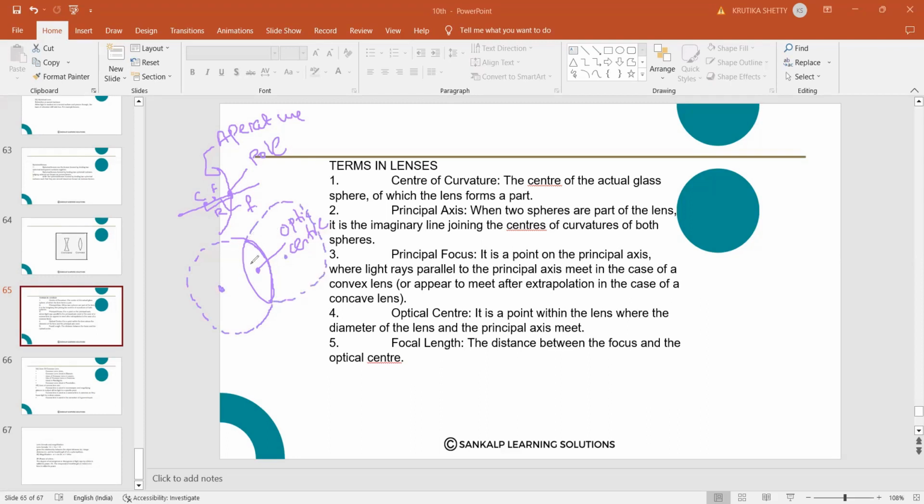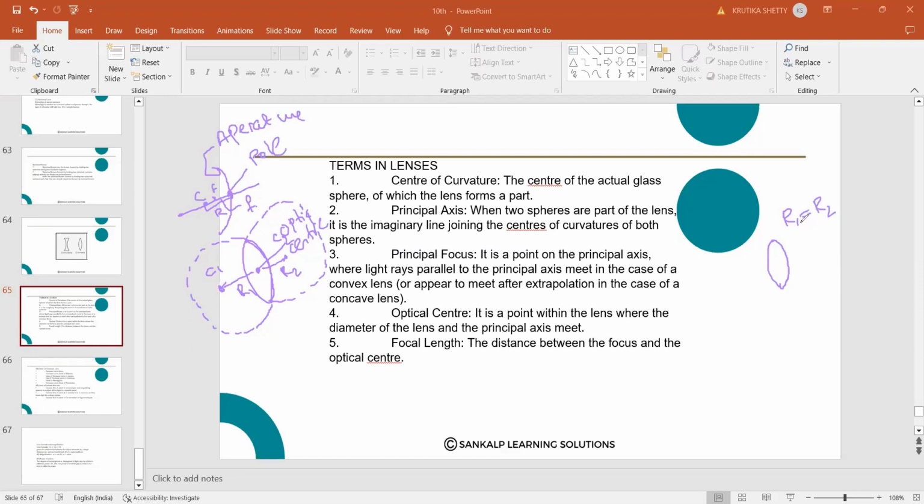With respect to these two circles, we have the center of curvature for each. Similarly, we get two radius of curvature values, one for each curved surface. Suppose the two curved surfaces, this one and this one, have equal radius of curvature, okay.